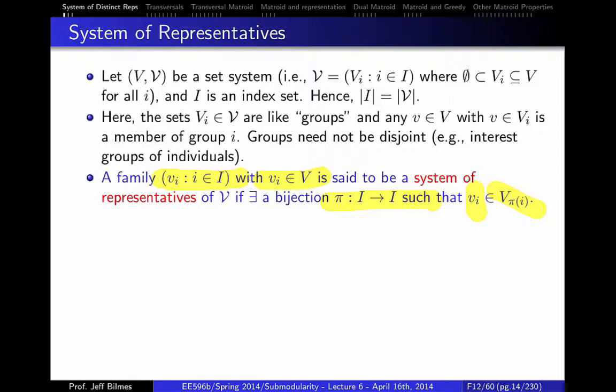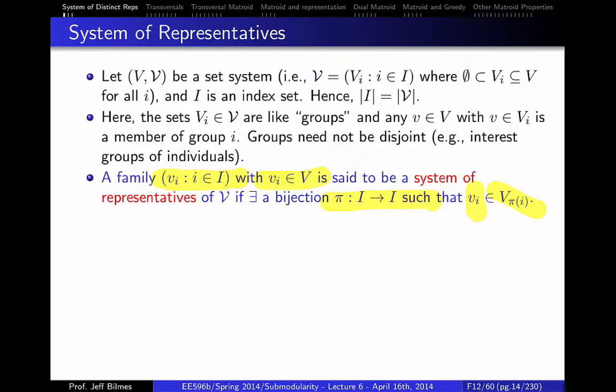Okay. So now, why does that ensure that every group is represented? Because it's a bijection. Bijection basically means it's one-to-one and onto. You can think of it as a permutation, so every element of I exists both in the range and the domain of this mapping.